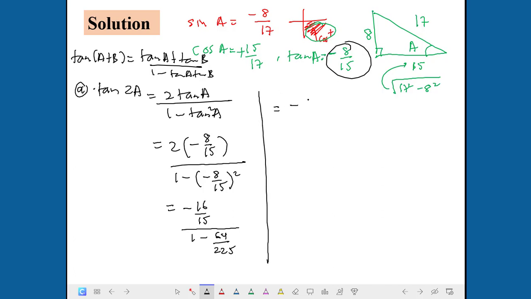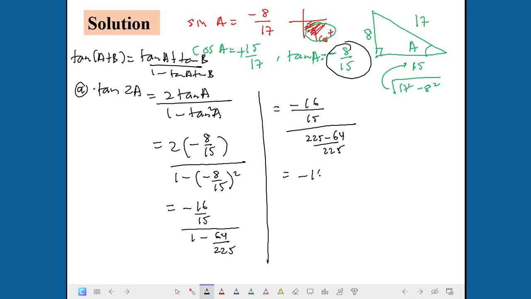Simplify: negative 16 over 15 over 225 minus 64 over 225.